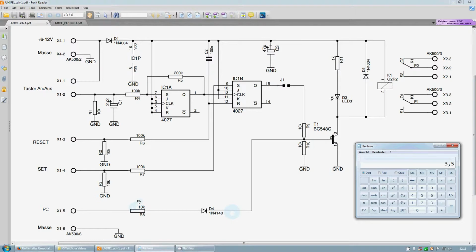So 3.5 volts are falling across R8, half a volt over D4, half a volt over the base emitter junction, which translates to about 4.5 volts. We neglect the current through R10 because there are only 0.5 or 0.6 volts present through the action of the base emitter diode.